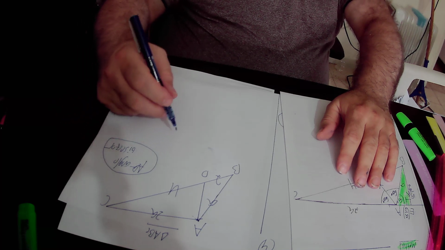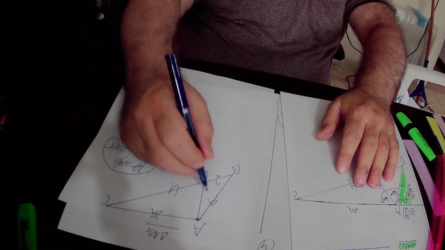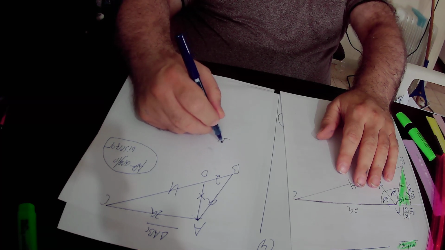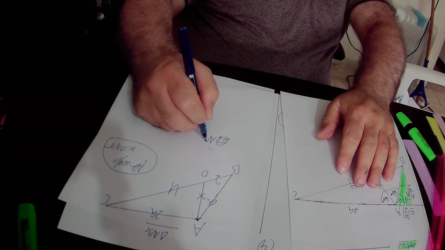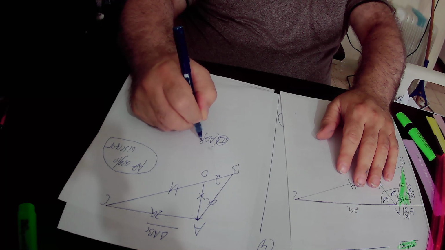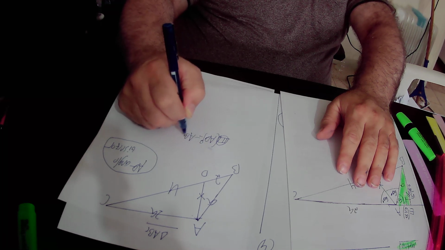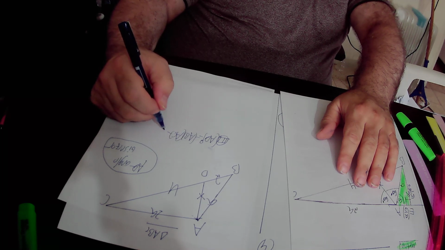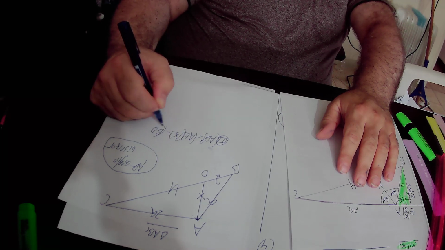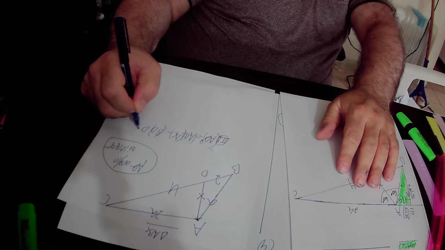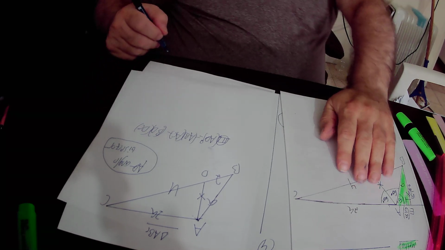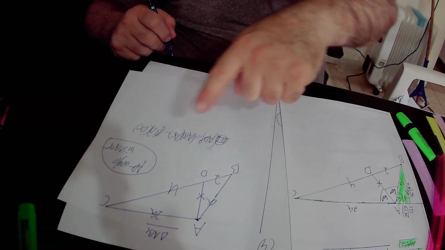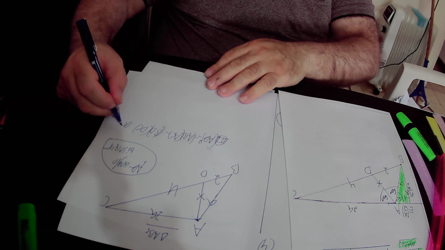So according to rule number 3, AD equals X, according to what is given in the question. We get that AD squared is equal to AB times AC minus BD times DC, according to rule number 3, of course.